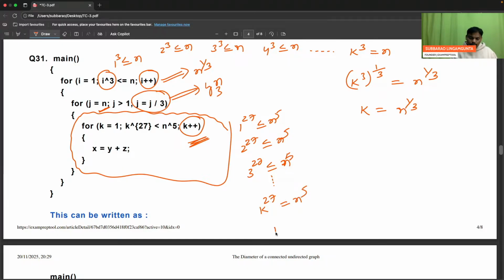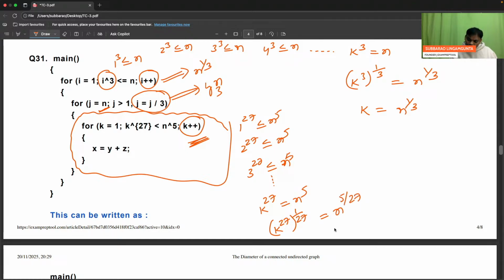So finally I want the k value. So k power 27, be careful, whole power 1 by 27, because I want k. So k is equal to n power 5 whole power 1 by 27, which becomes 5 by 27. Check properly.